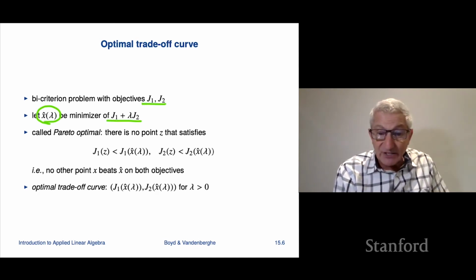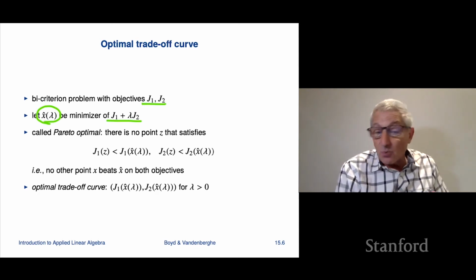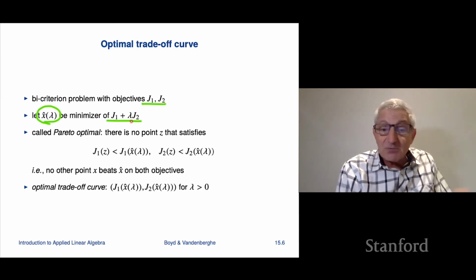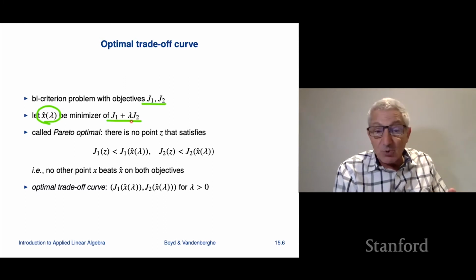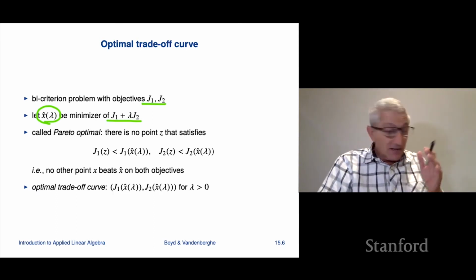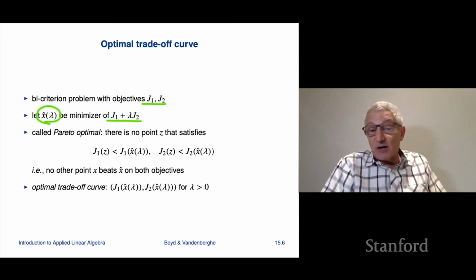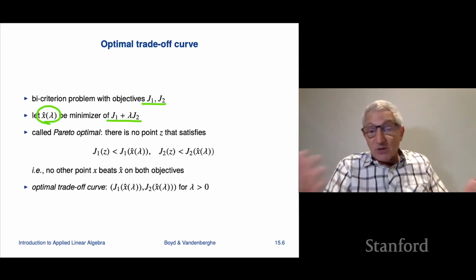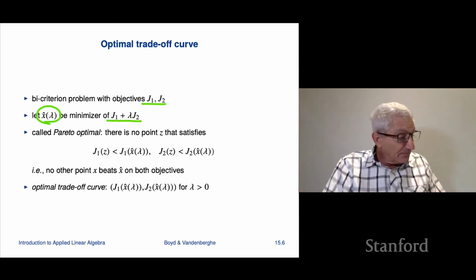Now that's an n-vector, and it's a function of this weight, lambda. Lambda has a very simple interpretation. If lambda is small, it says we really care much more about J1 than J2. If lambda is really big, it means that we really care much more about J2 than J1. And if lambda is 1 or near 1, it means we care about them equally, and so we'd like you to minimize the sum.